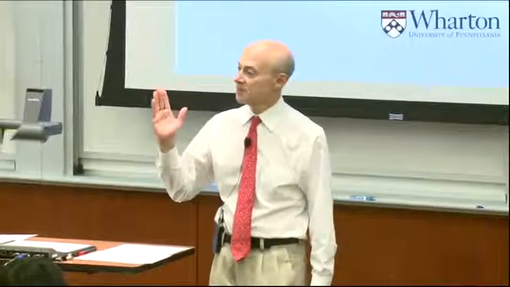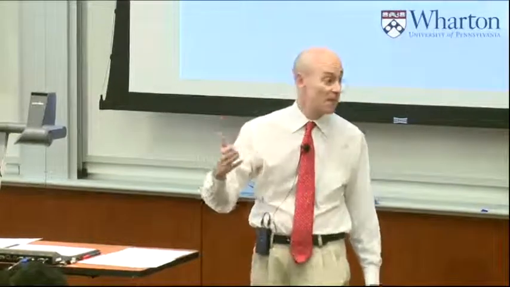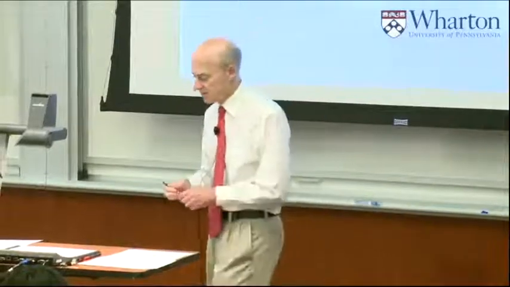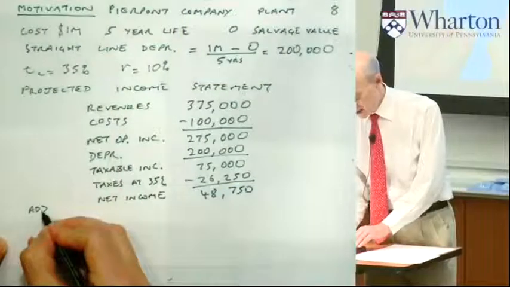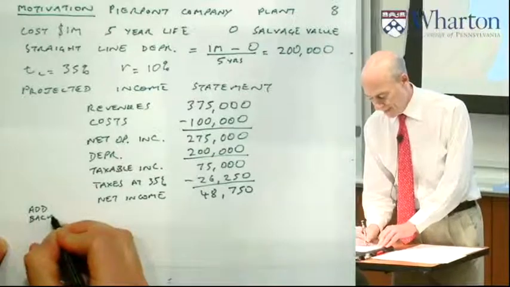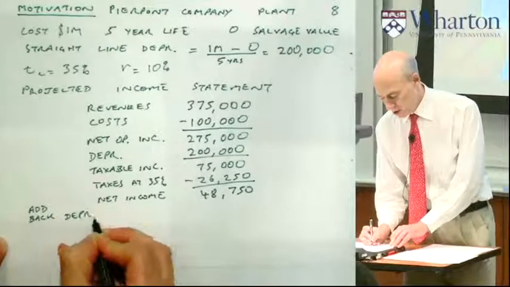Other questions on that? Now the second way to do things, if we didn't do it by TC times depreciation, was to do what? Method 2 was, what do accountants usually do? You don't pay it to anybody, so they say add it back. So if we add back the depreciation, what are we going to do here?